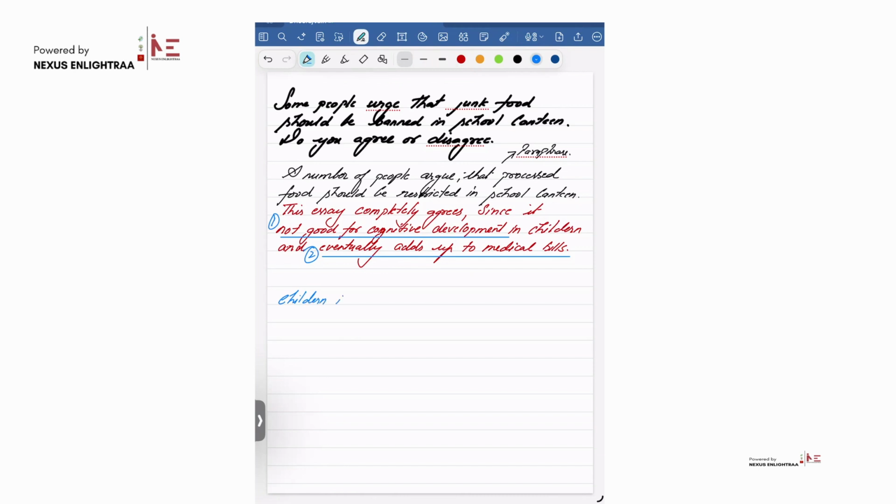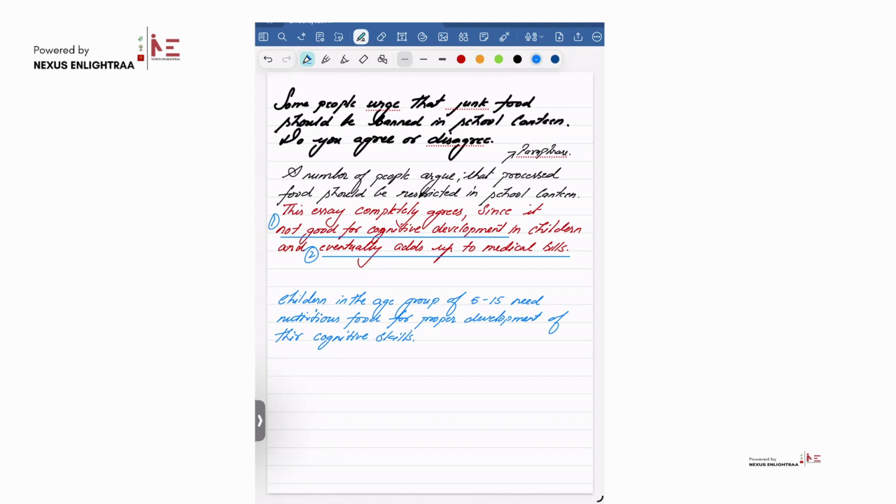Children in the age group of, let's say, 5 to 15 need nutritious food for proper development of their cognitive skills.